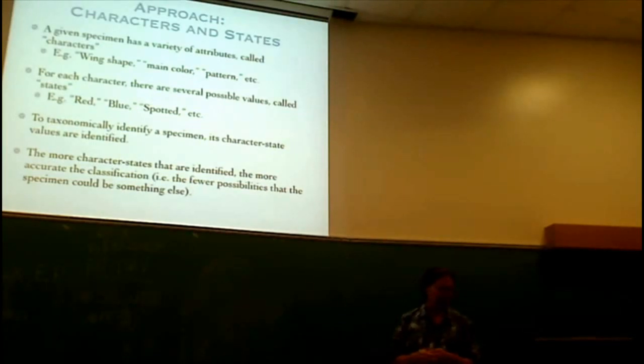So there are these different characters like the wing shape, the color, the pattern. Each of these has several possible values, and mostly those are simple enough that someone can do them without a lot of training. And once you've identified the characters and states, if you have enough of those, you can actually pin it down to a particular family or a set of possible species.